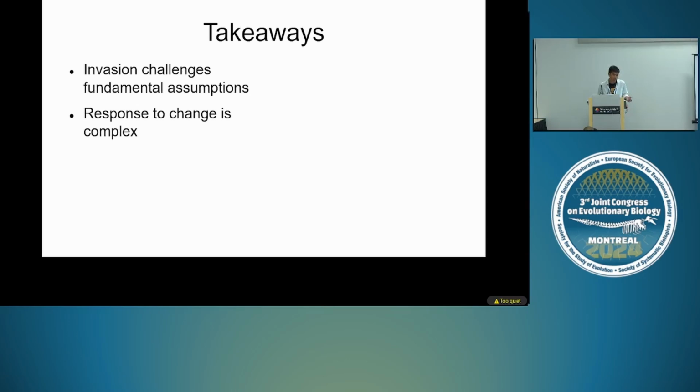We're seeing that even in the short time scales that ragweed's been transported, the trait structures can really change, and it can be quite complex to predict. And I think that's probably why predicting invasions has remained such a challenge in the field.